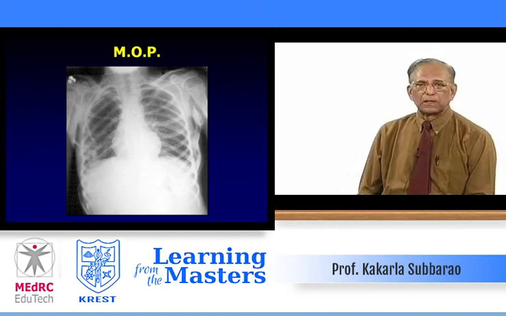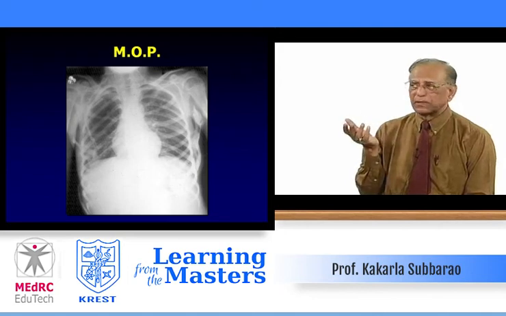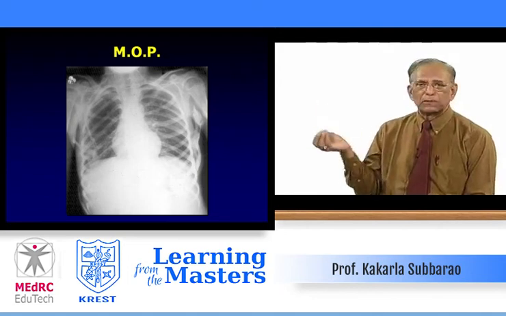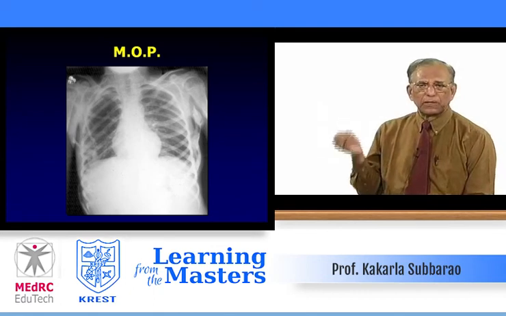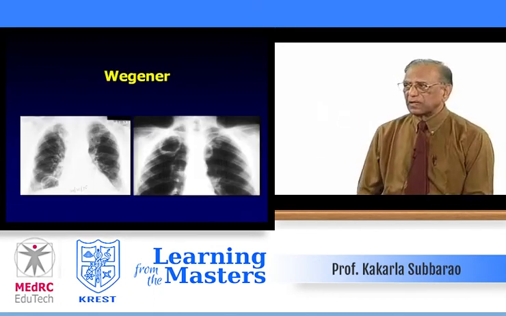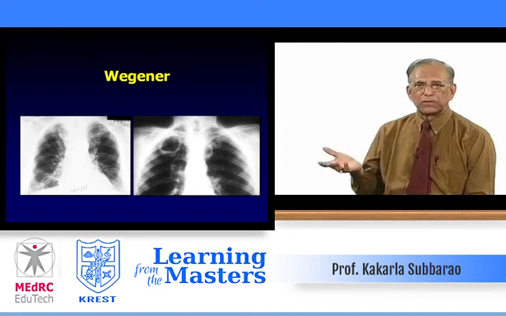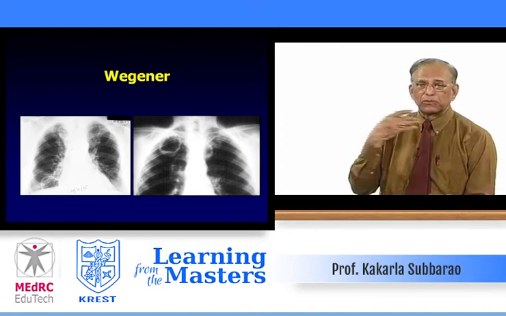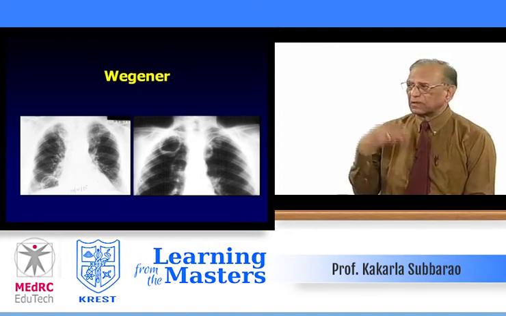Periarteritis nodosa. On a radiograph of the chest, you may just see cardiomegaly. They may have hypertension. But on angiogram, you find multiple coronary artery aneurysms. That's typical of periarteritis nodosa. Wegener's granulomatosis may be mistaken for tuberculosis. It may be associated with upper respiratory tract infection or isolated.